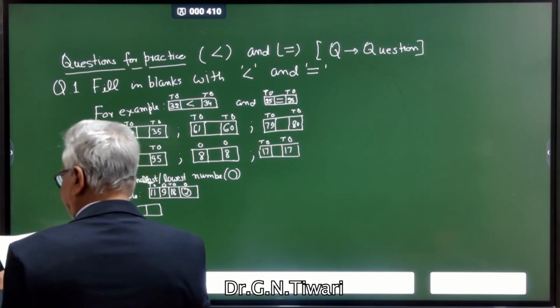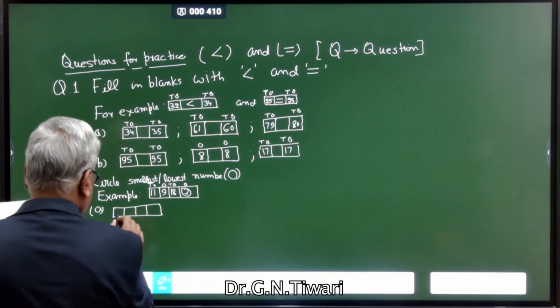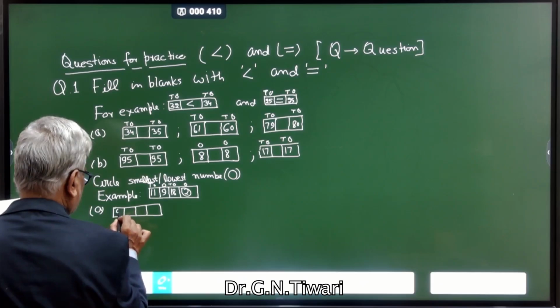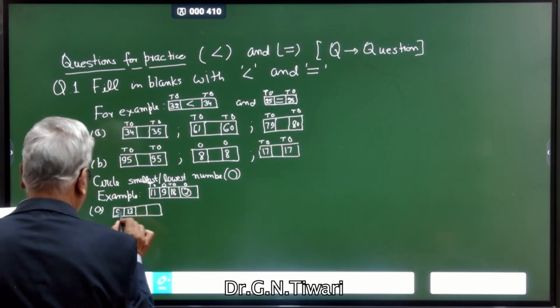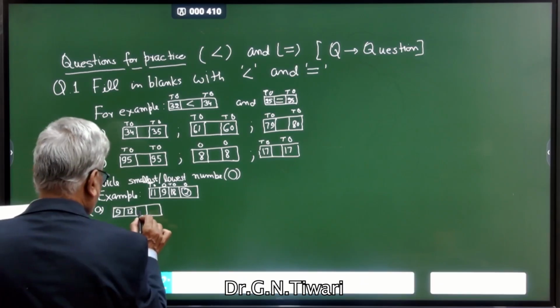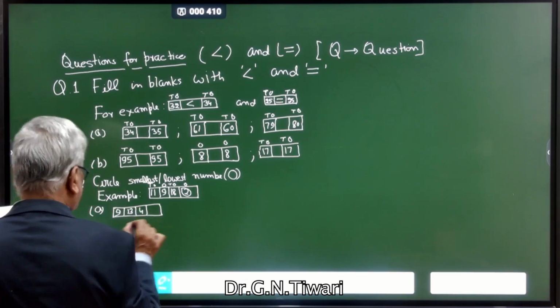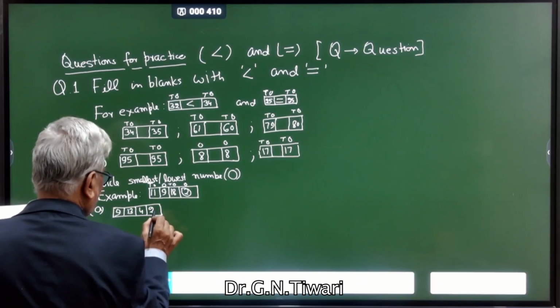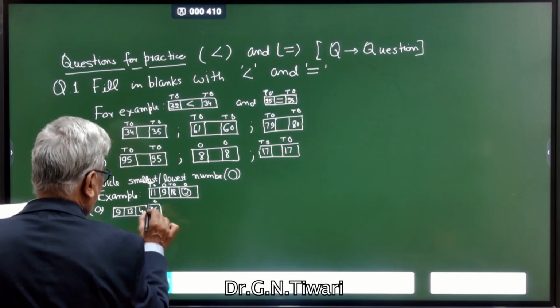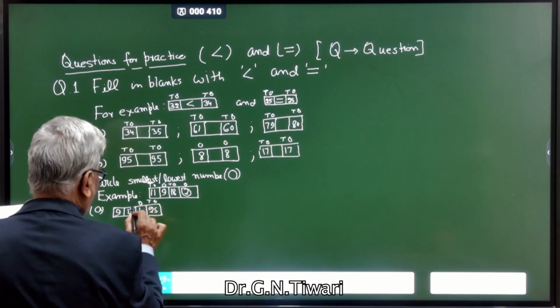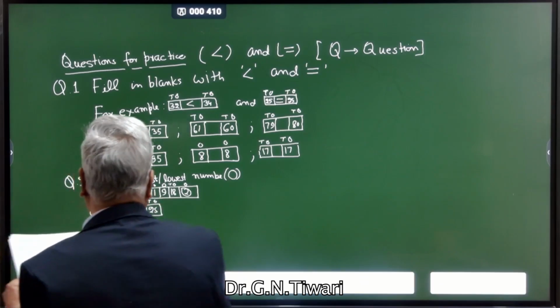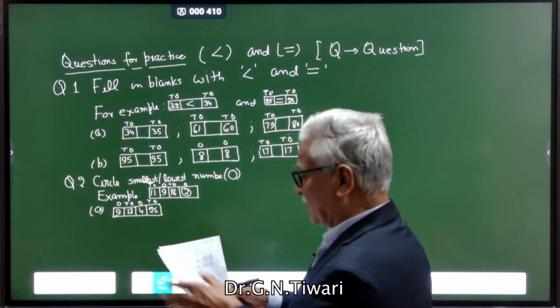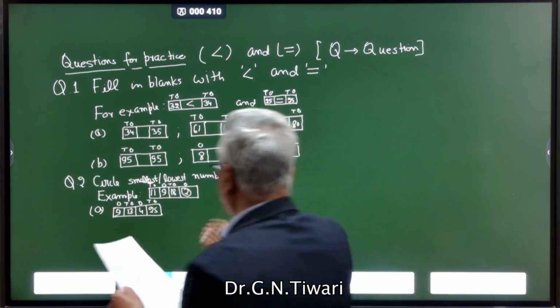And here 9, 13, then 4, then 25. Again I will suggest O, T, O, O, T and O. This is the question. Now a student should circle the lowest number as I have explained here.